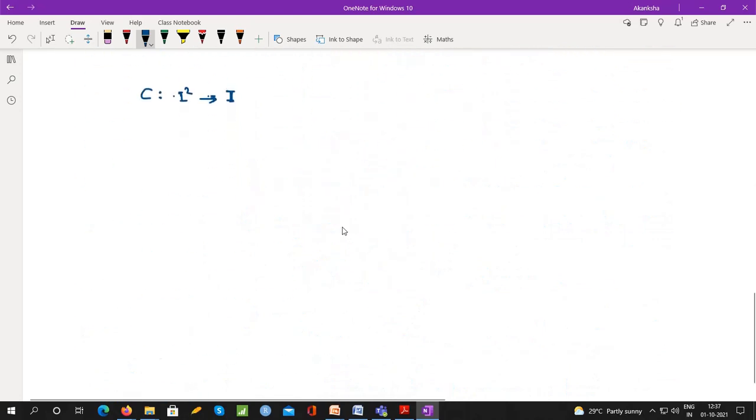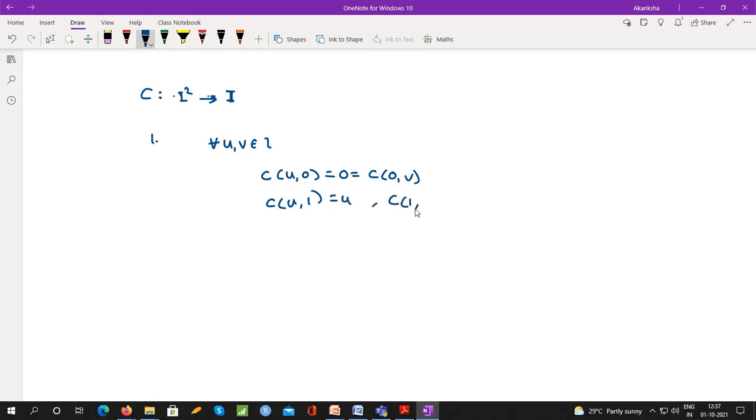The properties that it has are, for every u, v in I, C(u,0) would be 0 and it is the same as C(0,v) because of the groundedness in the definition, and then C(u,1) would be u because of the other property, and C(1,v) would be v.